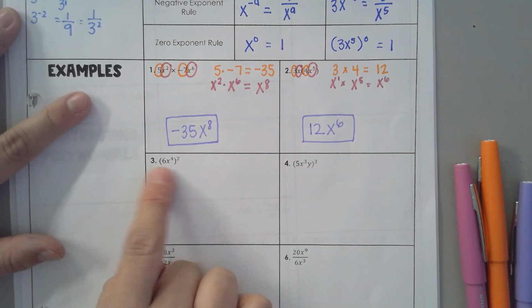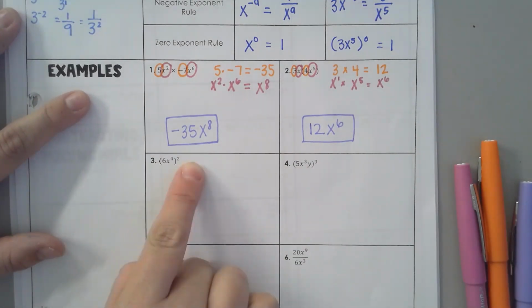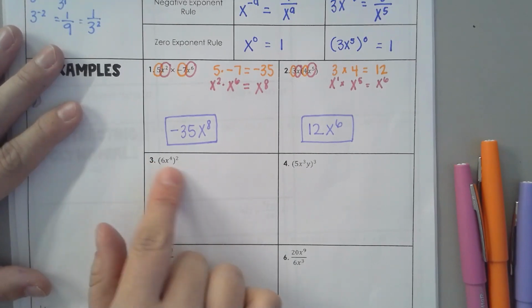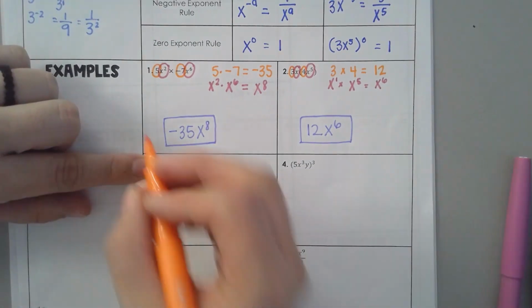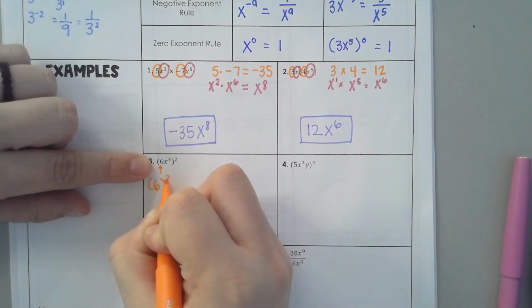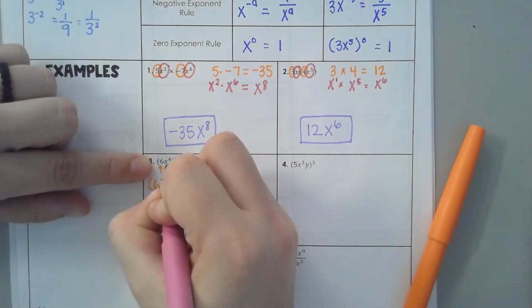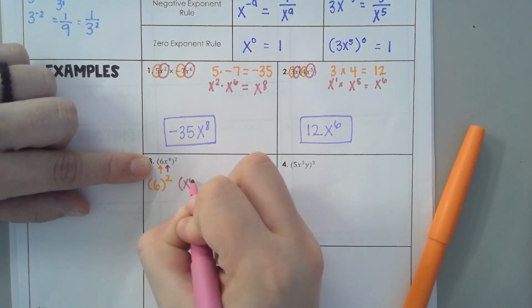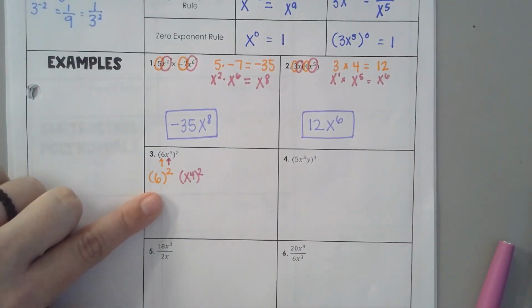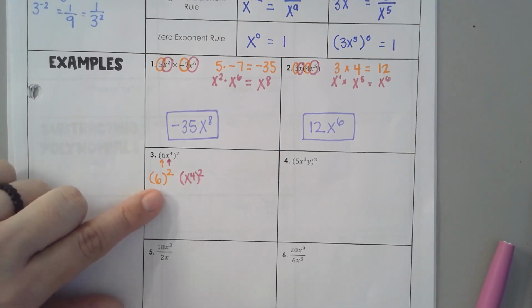Now number 3, we have something raised to an exponent. This is the power rule. What we do is we take everything inside and raise it to the second power individually.